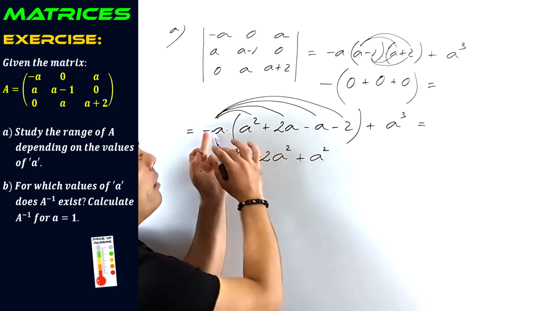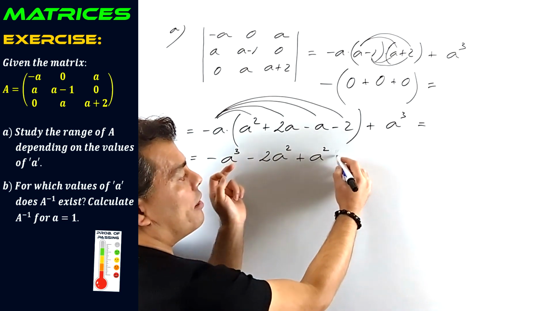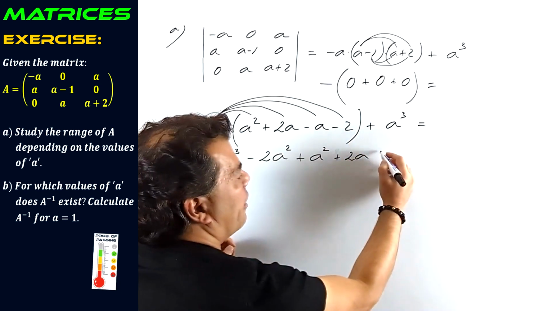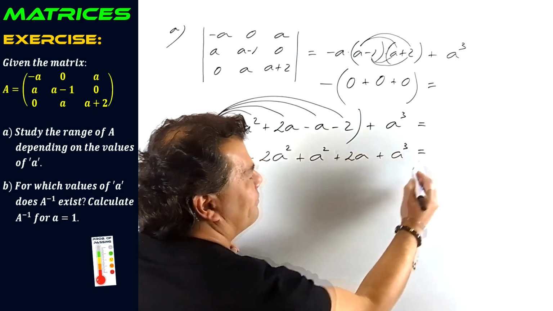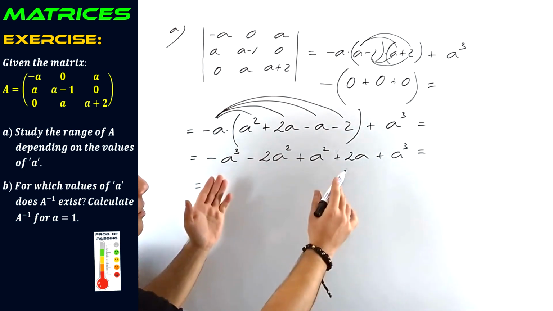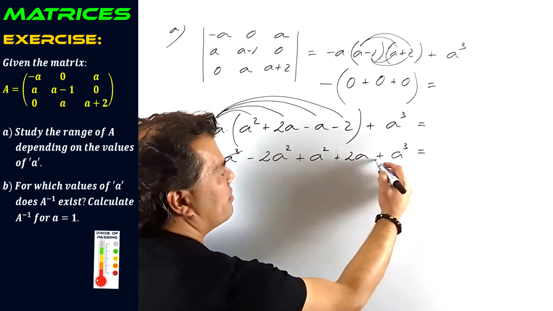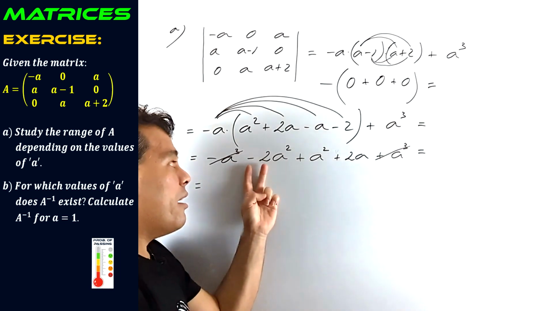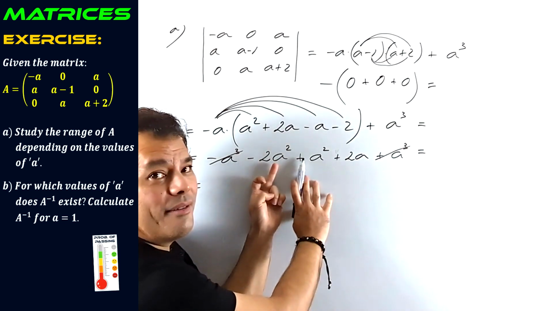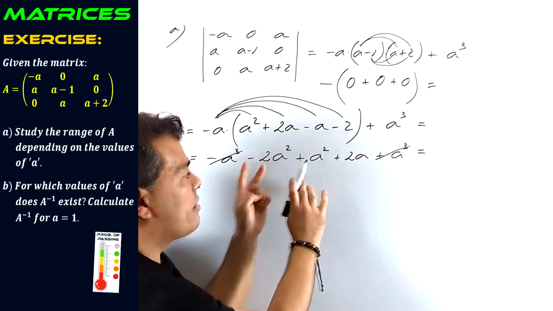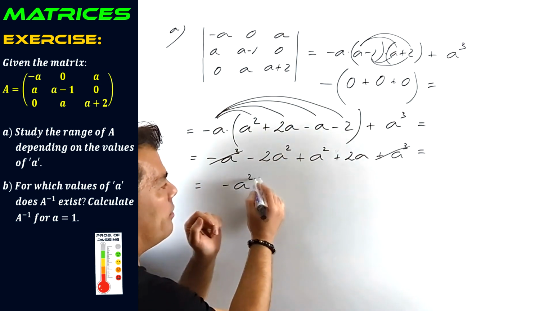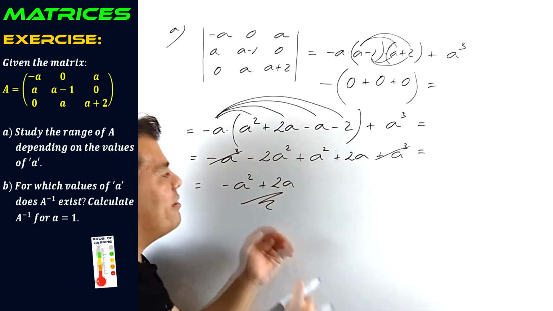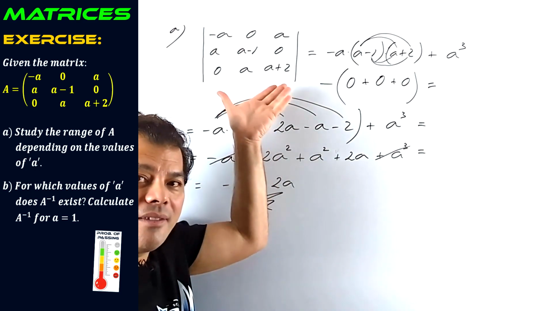And finally, negative A times negative 2 is 2A positive. And don't forget A cubed. And you can see that we can cancel these two terms and clean these terms as negative 2 plus 1. Negative 2 plus 1 is negative A squared plus 2A. And this is the value of our determinant.